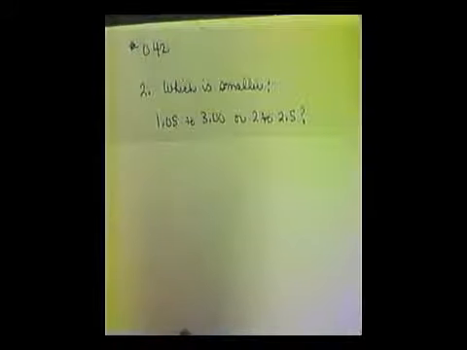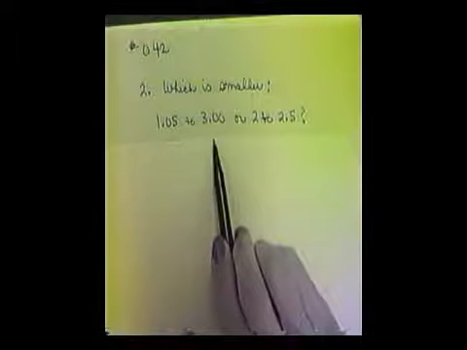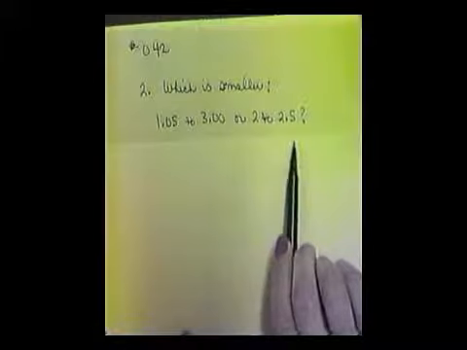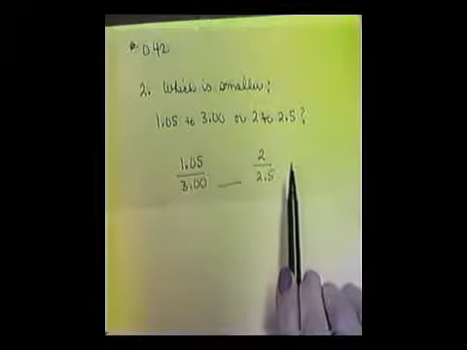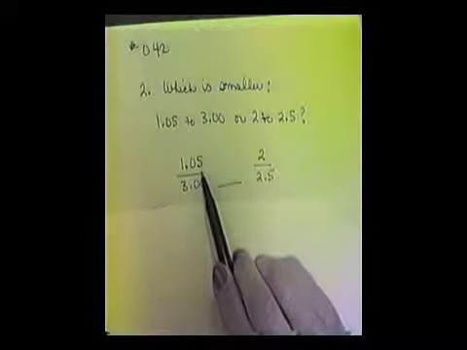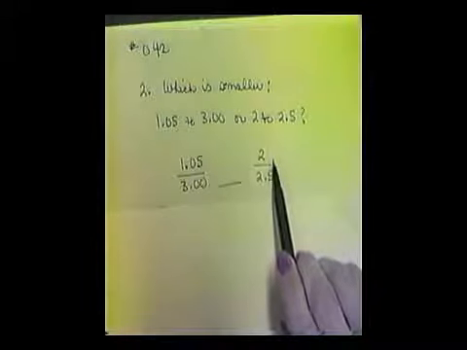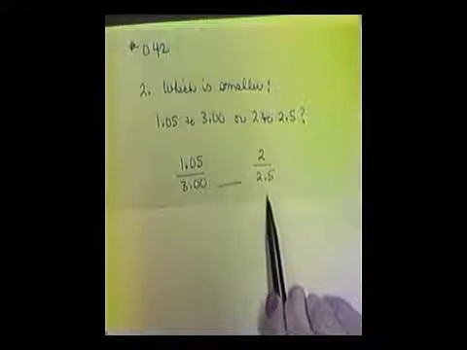Another way of asking the same type of question would be, which is smaller of these 2 ratios? 1.05 to 3.00 or 2 to 2.5? Well, what we're going to do is put them in fractional form, 1.05 to 3.00 and 2 to 2.5. Then we want to check their cross products.